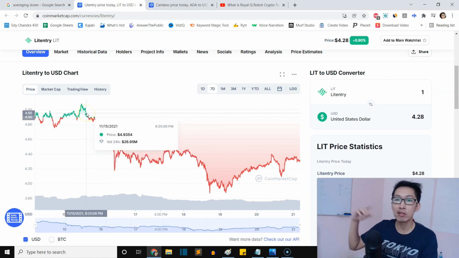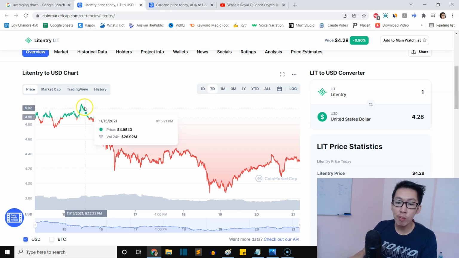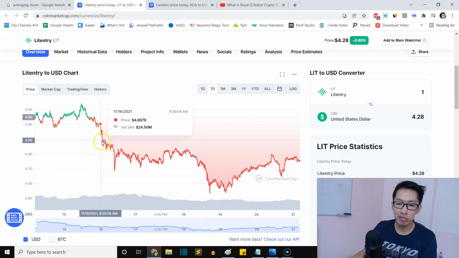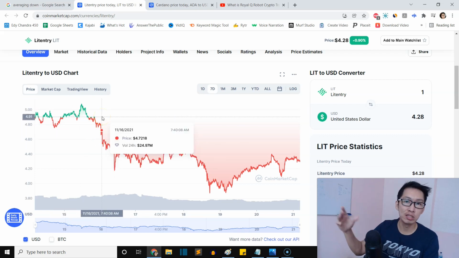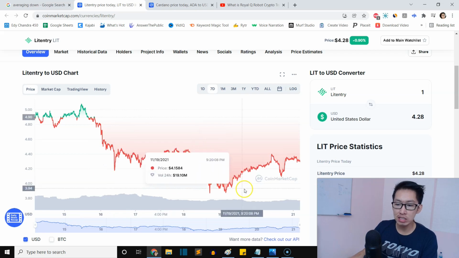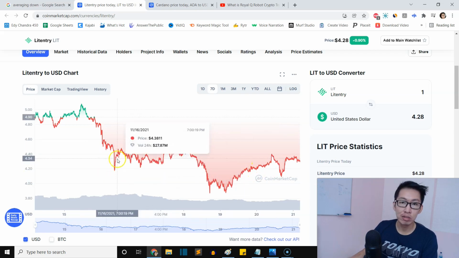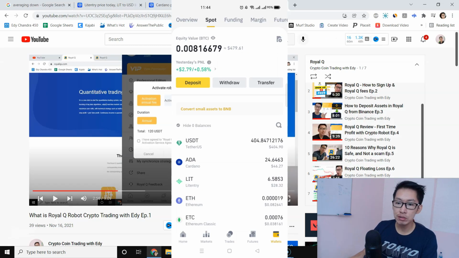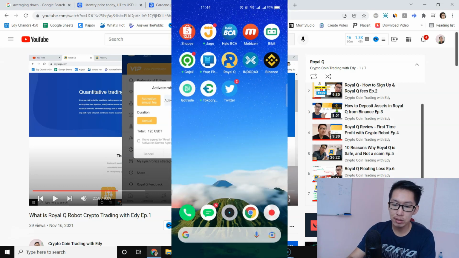And when the market rebounds, maybe next week or next month, the robot will then sell your first, second or third buy right around here, and then you will earn so much more in addition to what you earn down here.